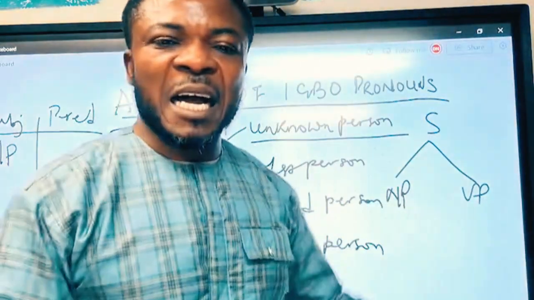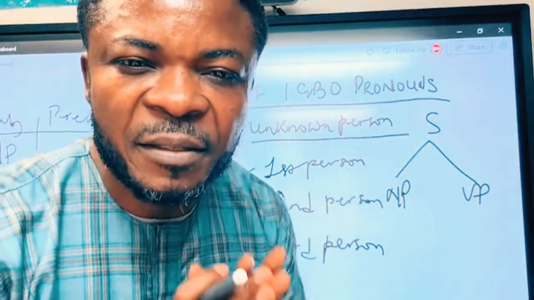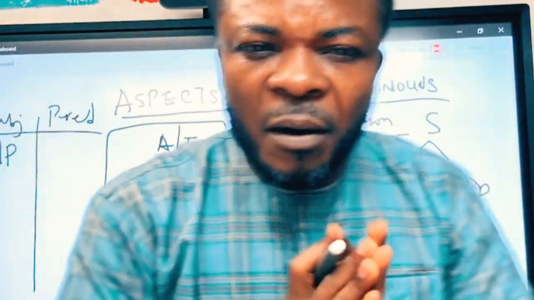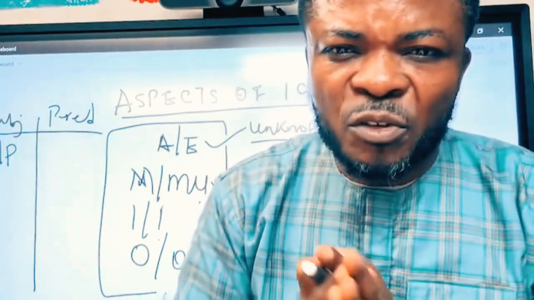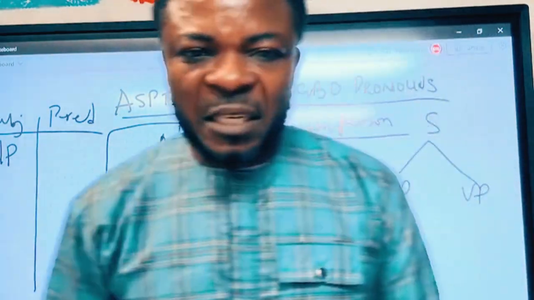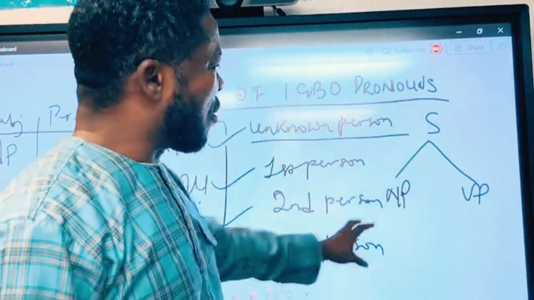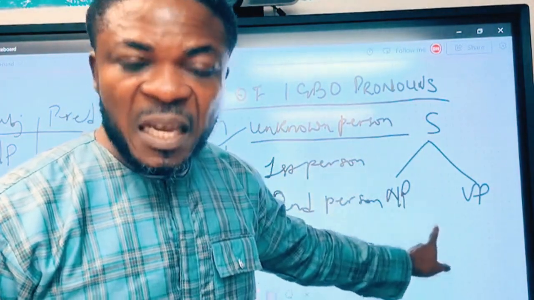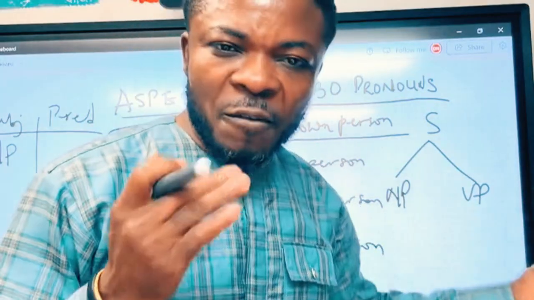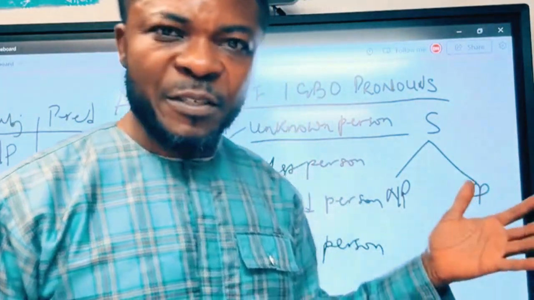So when you get an average sentence, that average sentence is made up of the noun phrase and the verb phrase.